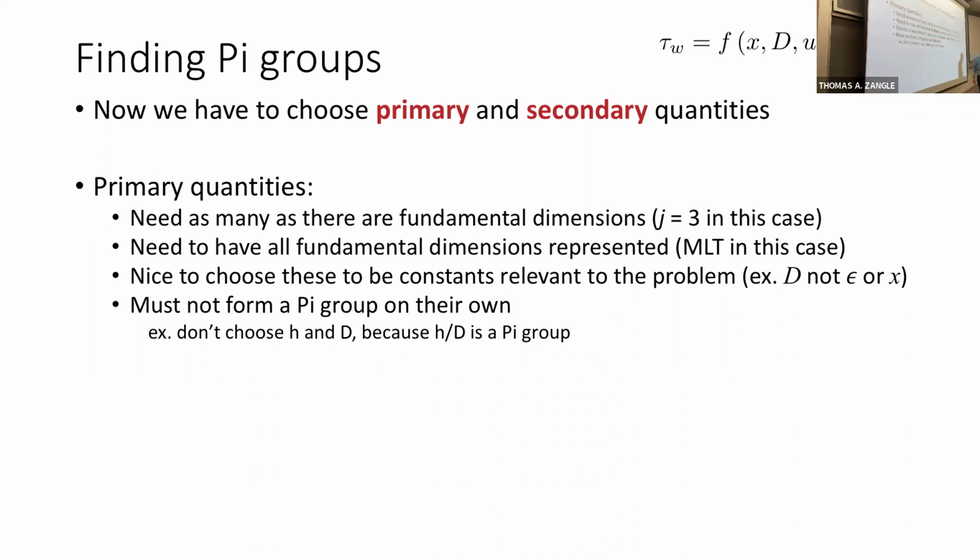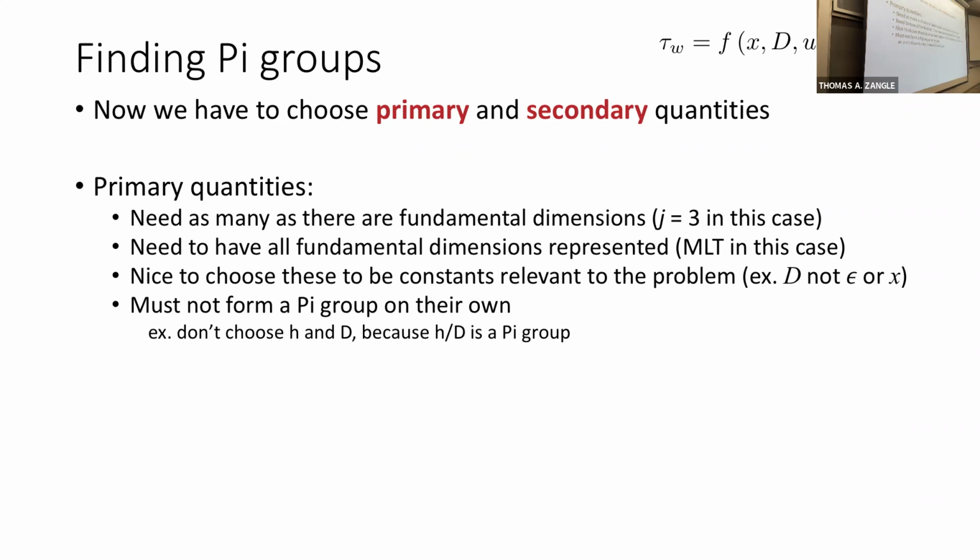So basically, they can't be the same dimensions or inverse. They shouldn't be the same dimensions because then you could definitely form a pi group by just taking the ratio of one to the other, right? The inverse would be the same thing.